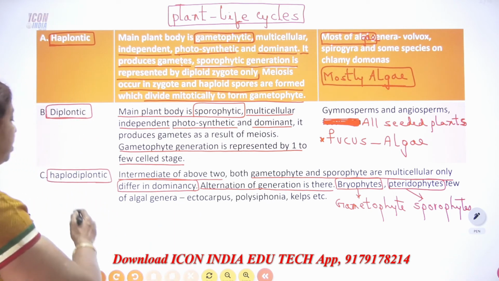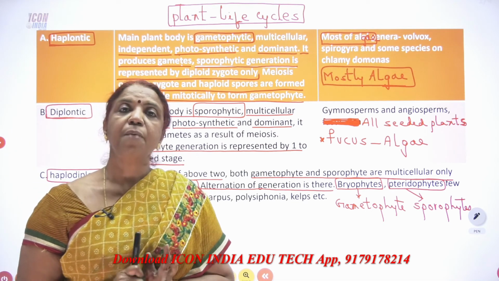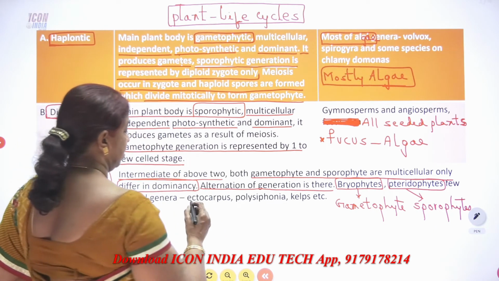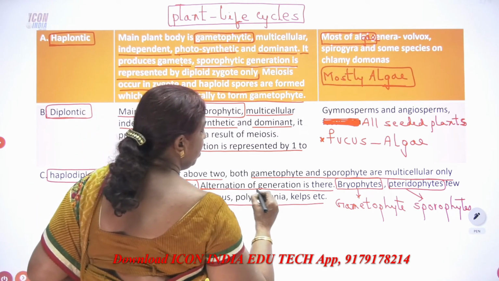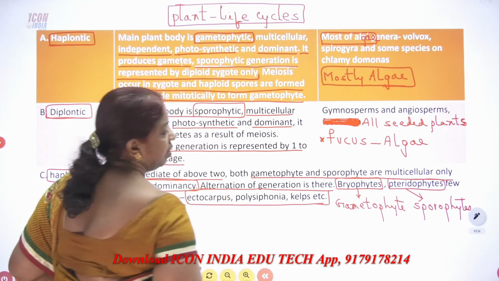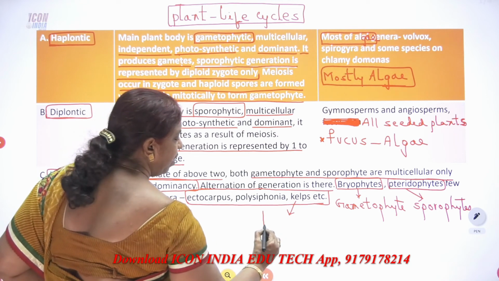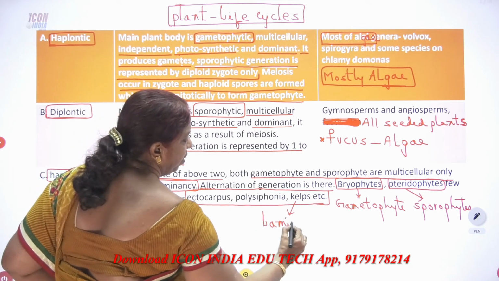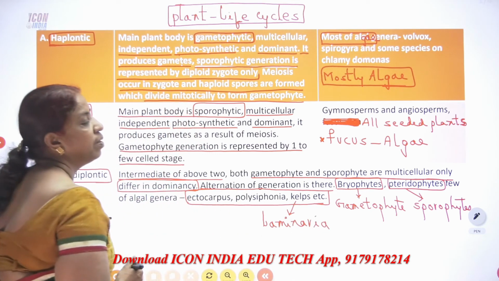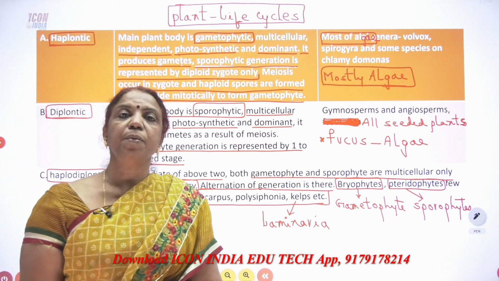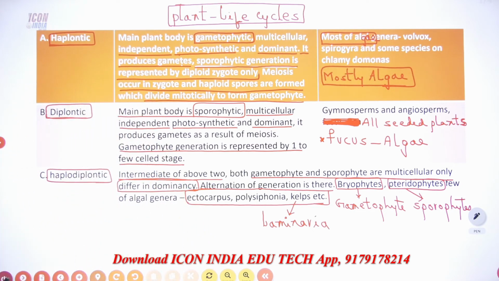This haplodiplontic life cycle is also present in some algae: Ectocarpus, Polysiphonia, Laminaria, and also Kelps. You can see the haplodiplontic life cycle in the picture of life cycles.